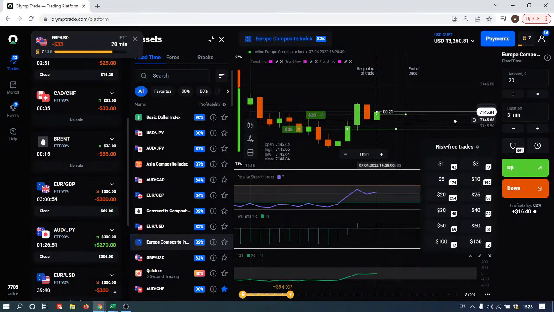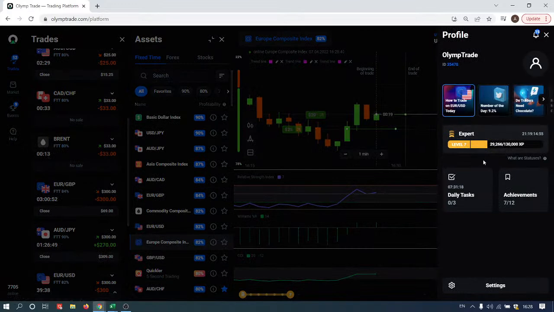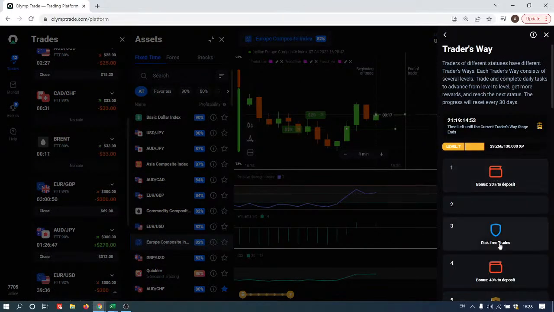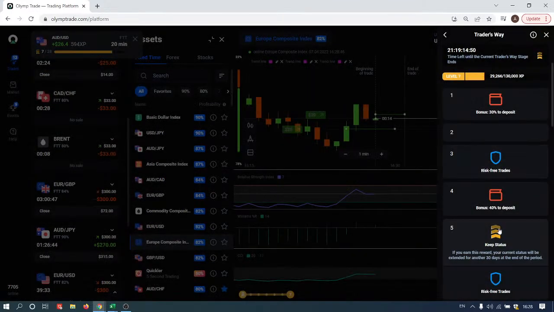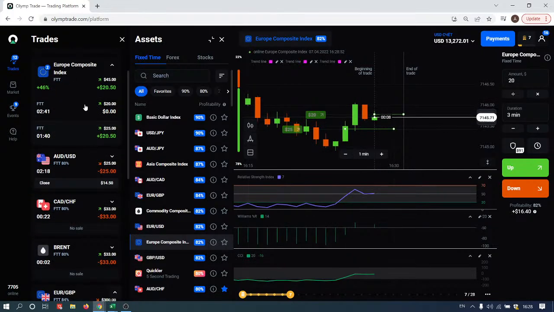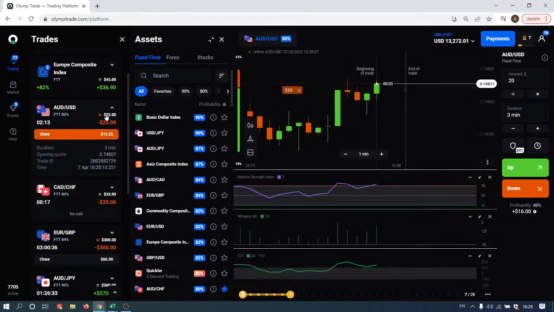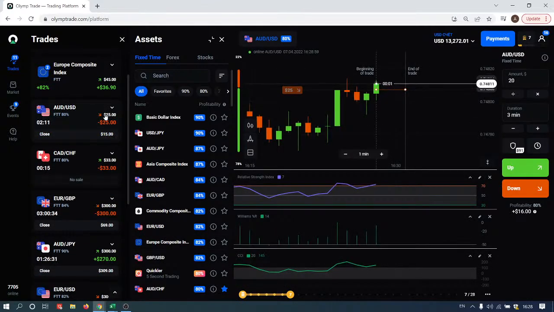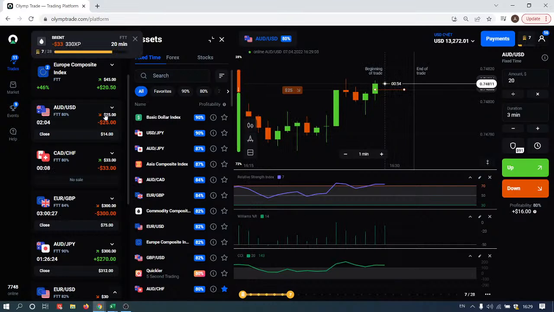So risk-free trades are a great tool. You can get them here. I don't use them that often in my trading. I don't know, I mean, it's okay. I would say it's like a cherry on top of a pie, right? So risk-free trades, if you know how to trade, and if you are a skilled trader, you will still end up with profits.